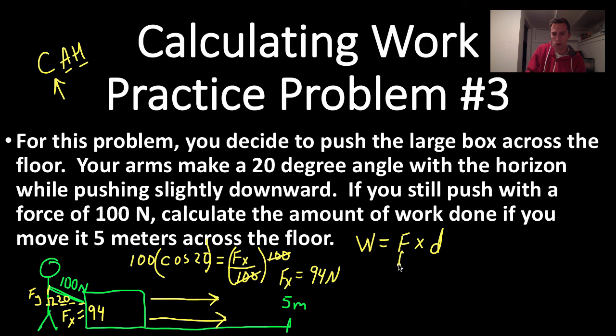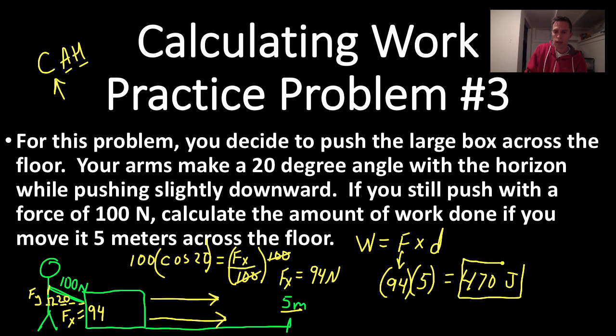Let's plug it into our equation for work, which is 94 newtons. And we're going to times that by the distance that you moved it, again, 5 meters. And 94 times 5 is equal to 470. So 470, and again our units for work or energy in general is going to be joules.